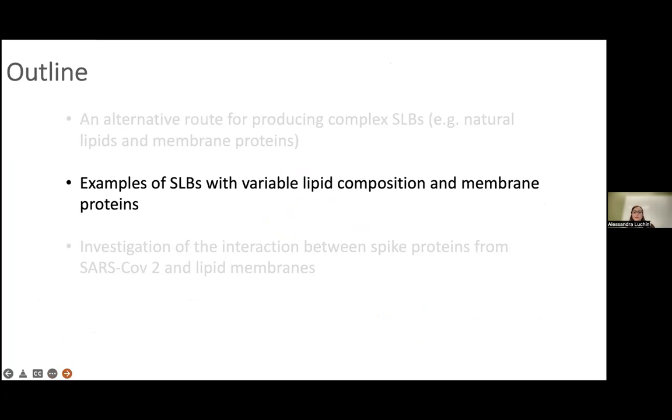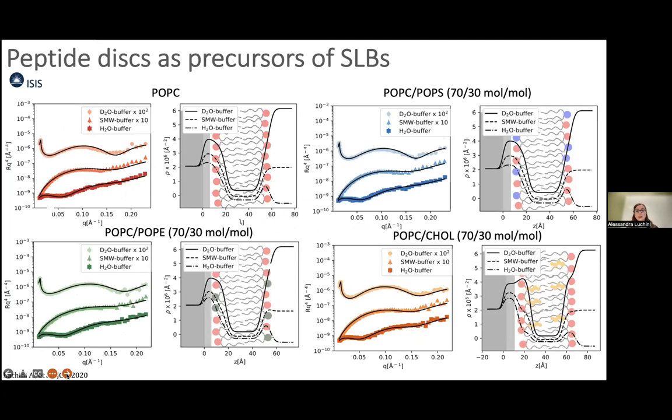But I will not say more about membrane proteins actually, and rather show you something about compatibilities of this sample preparation method with a different lipid system. So these were the very first set of data that we collected when we started working with these peptide discs.